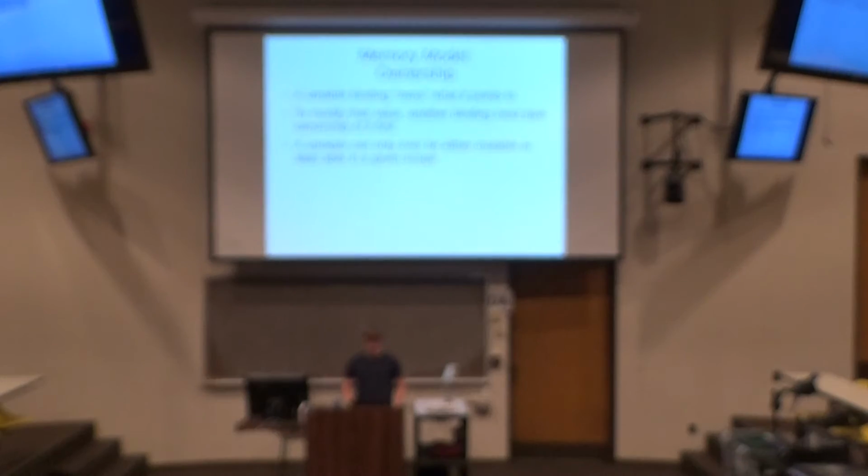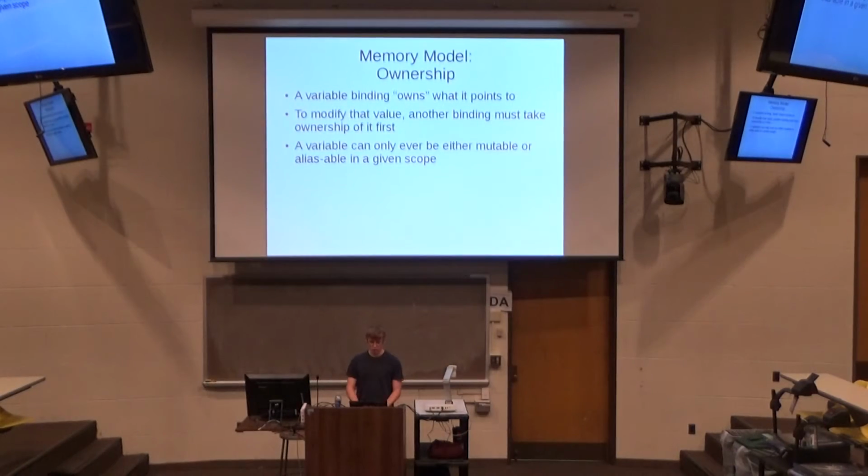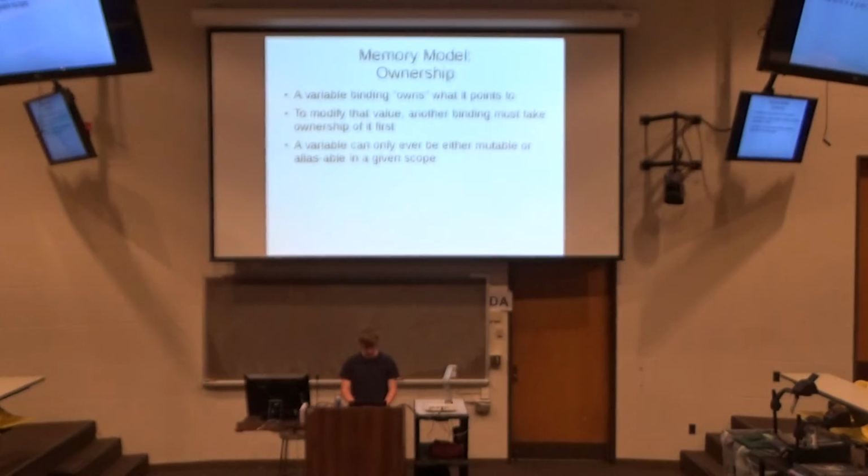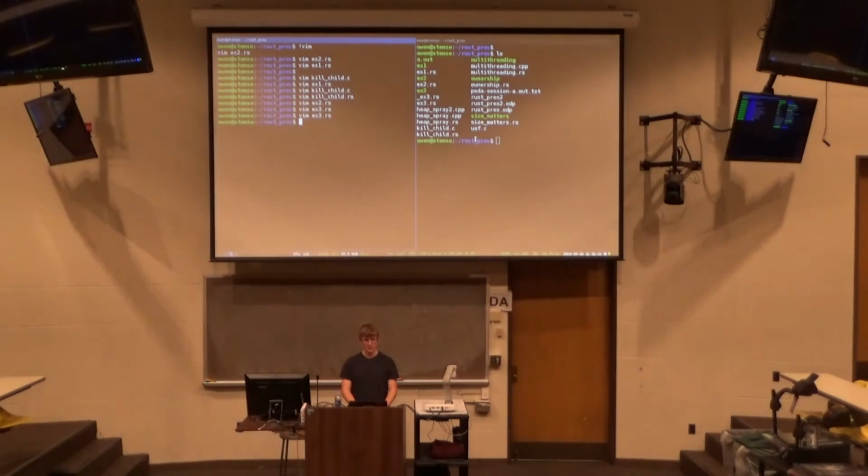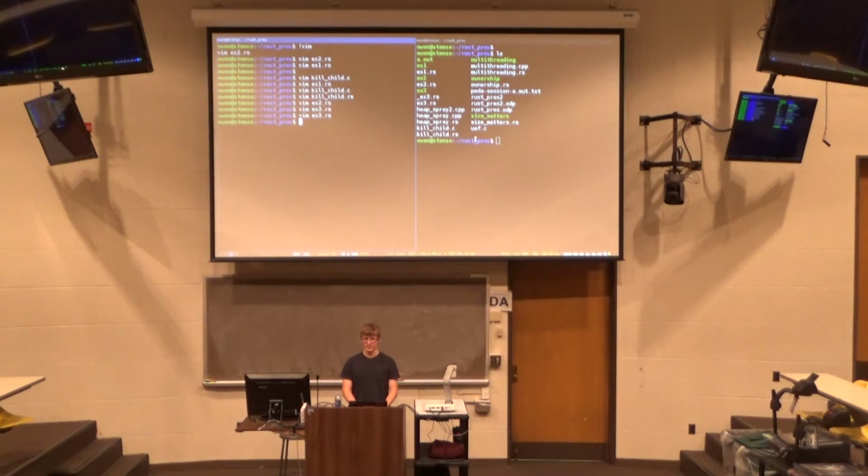Now I'm going to talk about the memory model, which is kind of the interesting part, but it's also the part that is hard to wrap your head around. As far as I'm aware, the only real way to do it is to just read the docs several times and then fight with the compiler for a summer.